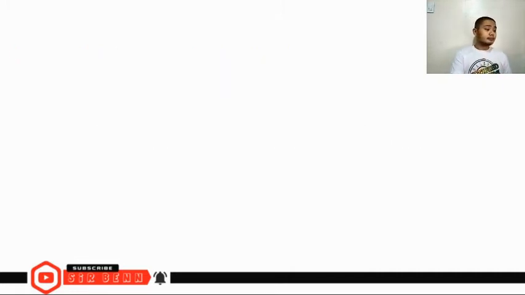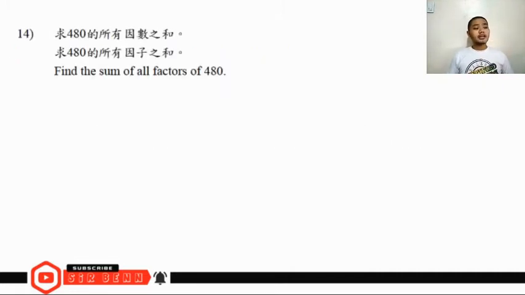Next one. We have here: find the sum of all factors of 480. This is somehow common in some of the questions that can be seen in MMC, the Metrobank Math Challenge.